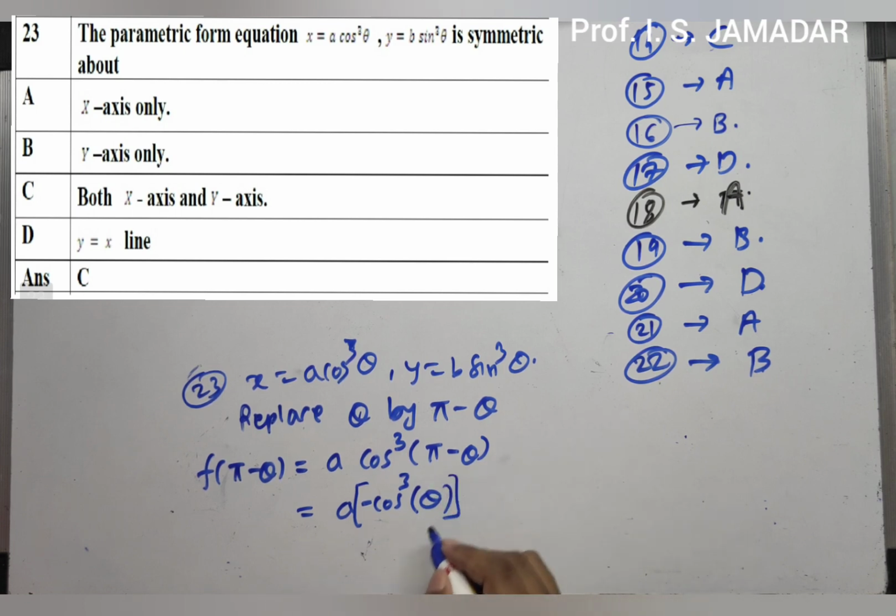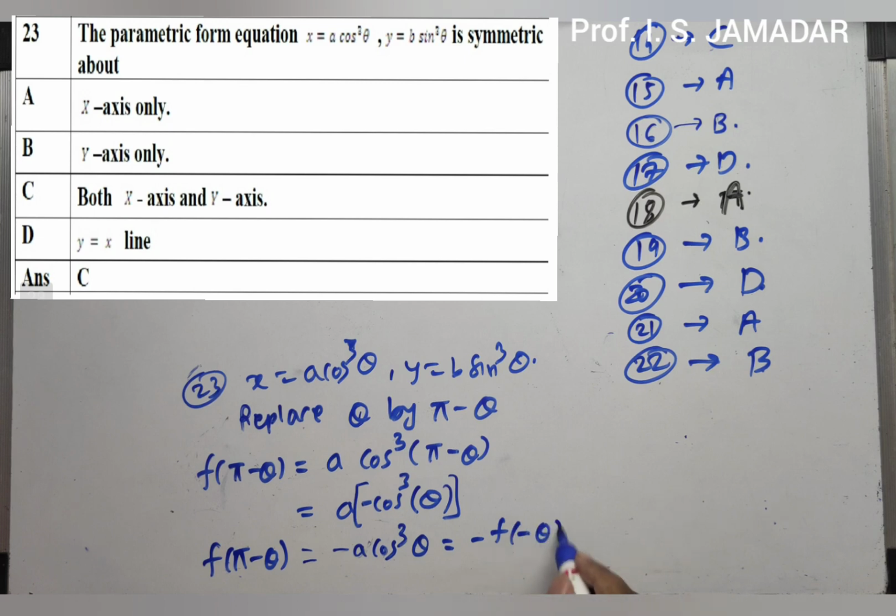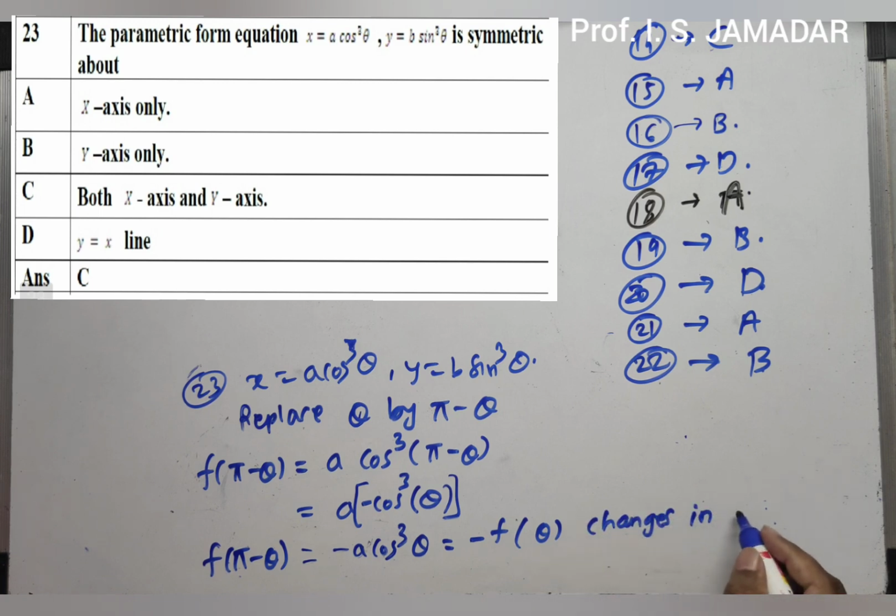Eventually it is minus a cos cube of theta. So f of pi minus theta is equal to minus a cos cube of theta, which is minus f of theta. It means f is changing in sign after replacement of theta by pi minus theta.